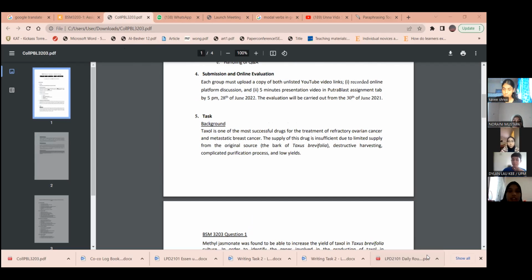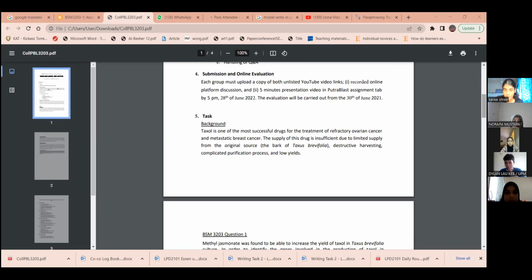Okay, so the background of our task is Taxol is one of the most successful drugs for the treatment of refractory ovarian cancer and metastatic breast cancer. The supply of this drug is insufficient due to limited supply from the original source, which is the bulk of Taxus brevifolia. Destructive harvesting, complicated purification process, and low yields.